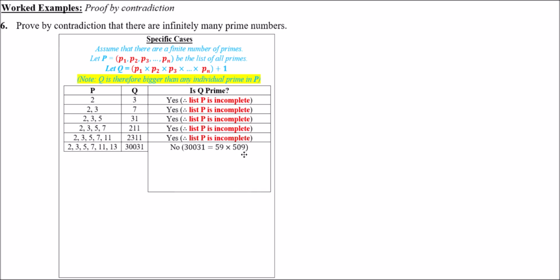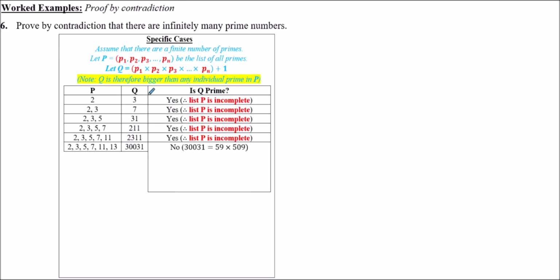But this is the beautiful trick of the whole thing. So the prime factors which factorize 30,031, we got 59, that wasn't in the list, and 509, that wasn't in the list either. And let's just think about why this is.